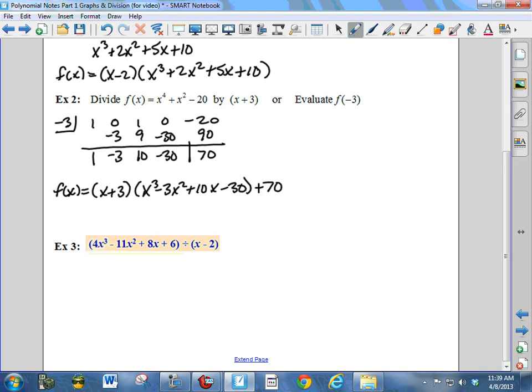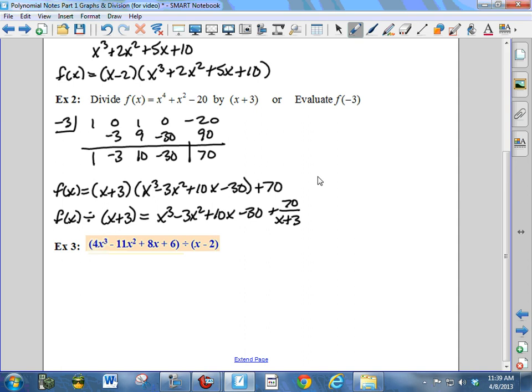Or I can say f of x divided by x plus 3 is equal to x cubed minus 3x squared plus 10x minus 30, plus 70 over what I divided by, which is x plus 3. If I were to multiply all of this by x plus 3, the x plus 3's would cancel out, and I would get the 70 up here.